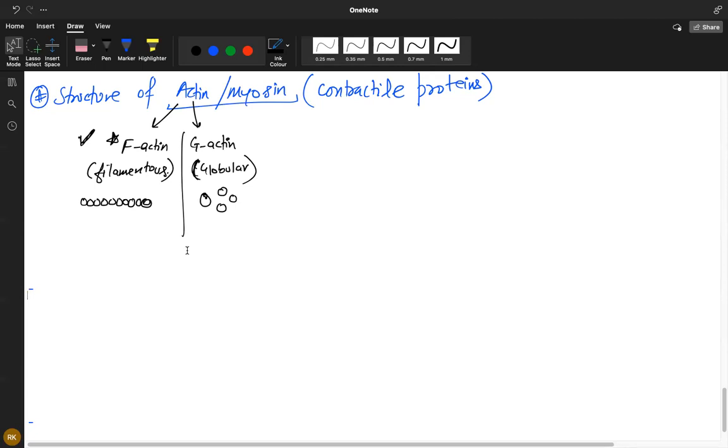So this is a different protein from myosin. It's called tropomyosin. It is associated with F-actins. So let me pull out this figure for you.